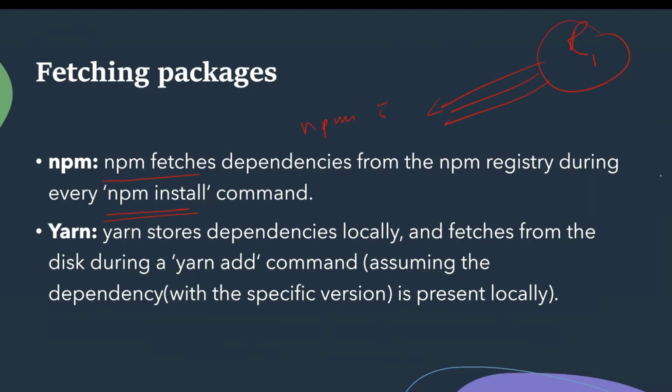Yarn stores dependencies locally. It stores them on your local computer as well and fetches them during a yarn add command, assuming the specific version is present locally. If it is not present, only then will it go to the remote repository and fetch it from there.